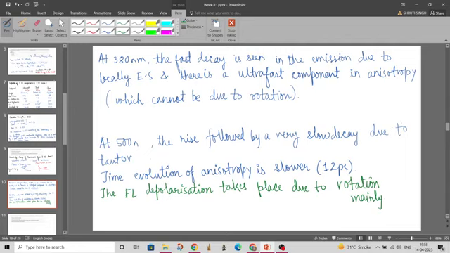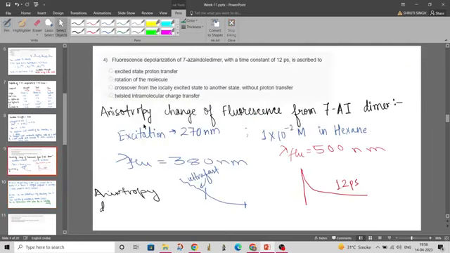So the slower time scale was assigned to the rotation. So to answer this question: the time constant of 12 picosecond is ascribed to excited state proton transfer, rotation, crossover from the locally excited state to another state without proton transfer, or twisted intramolecular charge transfer. So the answer is B, the rotation of the molecule.